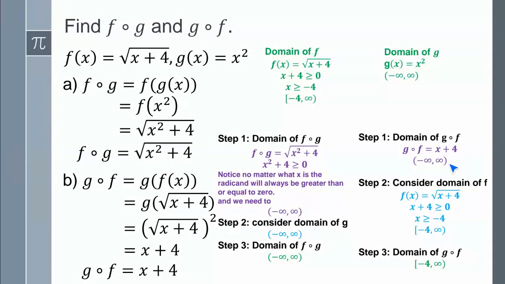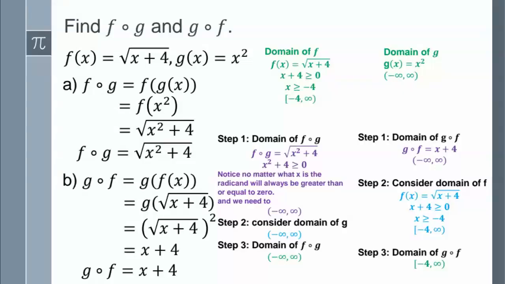So your domain for the whole composition is what step 1 and step 2 have in common. This one's from negative infinity to positive infinity, and this one's from -4 to infinity. So what do they have in common? They only have in common from -4 to infinity.